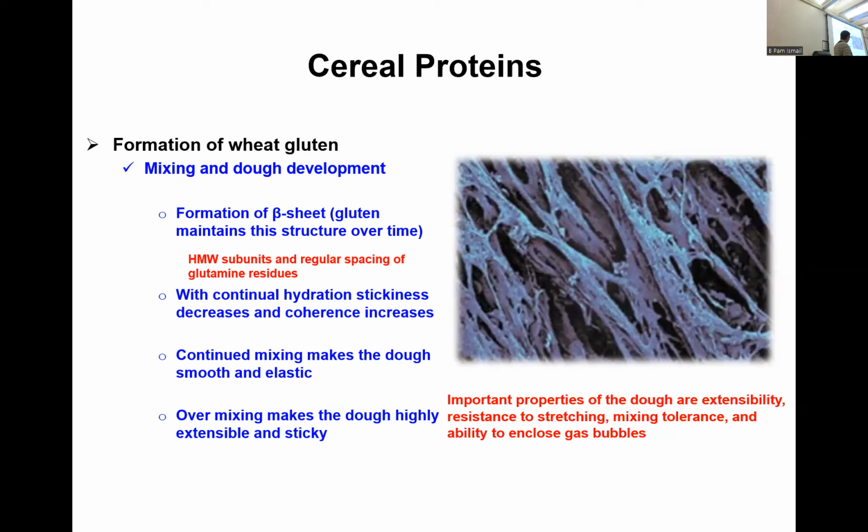This is very important when we are making loaf bread, because part of making your loaf bread is you get the dough and then you let it ferment, it rises, and the gas is entrapped. And similarly, when you put it in the oven and then you bake, you want the air cells to form, and you don't want them to escape so that the whole system collapses.